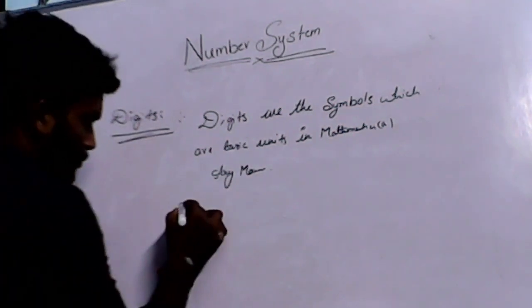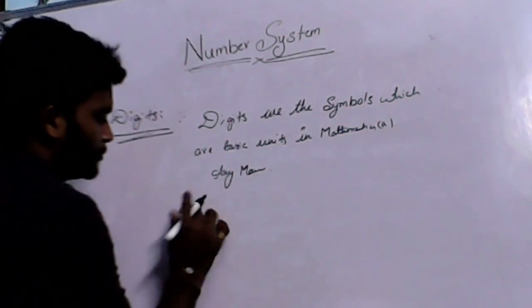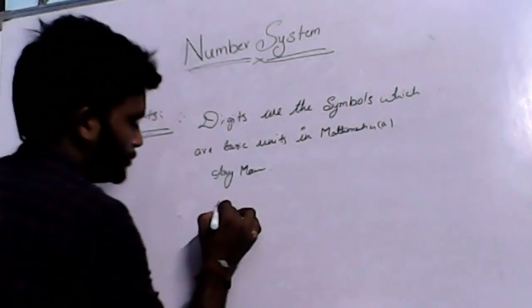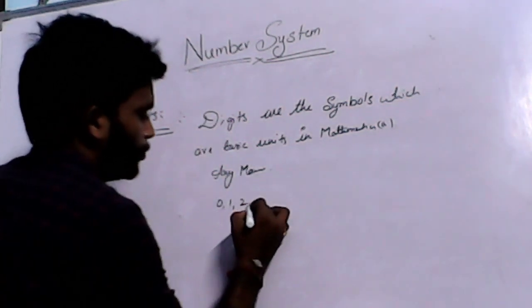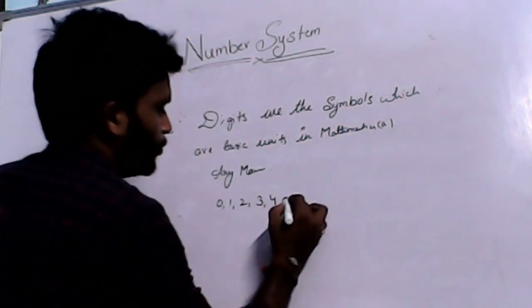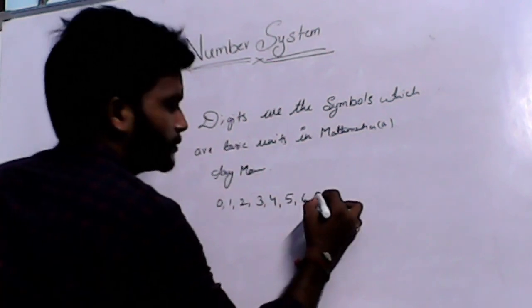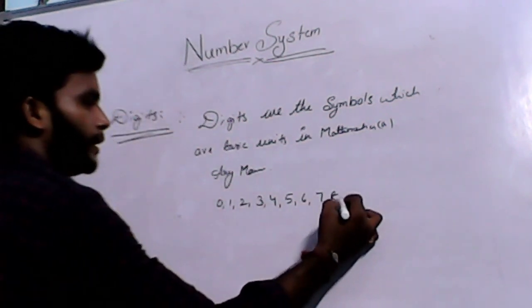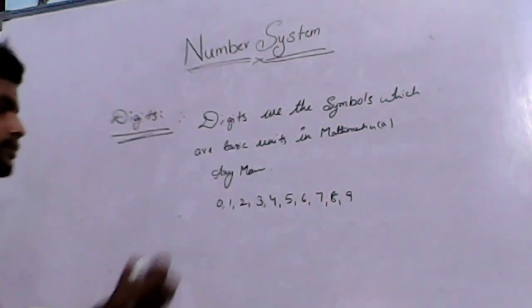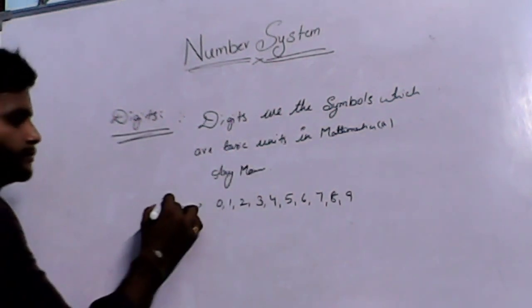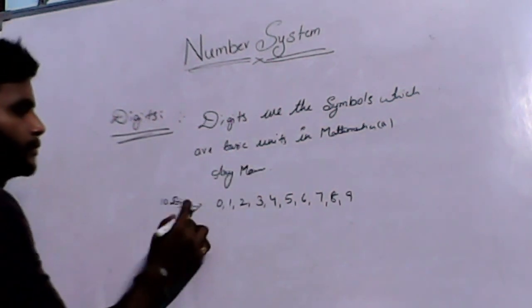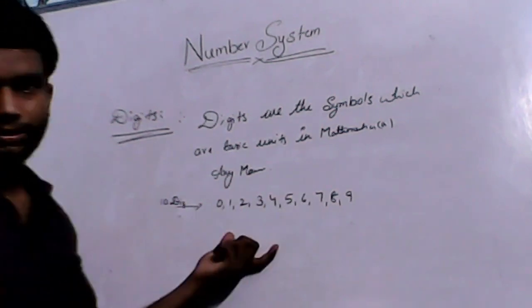Those are nothing but 0, 1, 2, 3, 4, 5, 6, 7, 8, 9. These 10 are known as digits.